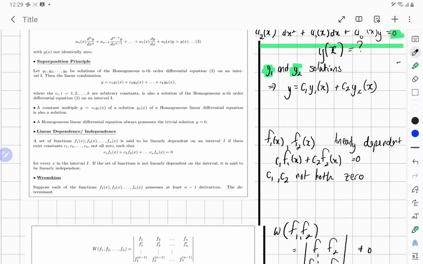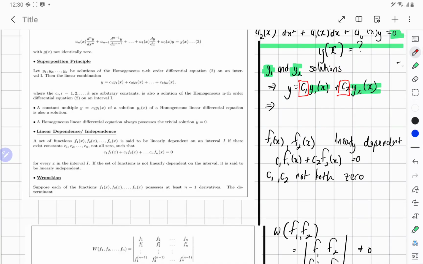Just to recall, for those of you who have not yet done linear combinations, it means that if those two are solutions, y1 and y2, a linear combination means that I multiply them by arbitrary constants c1 and c2, and when I add them, those two solutions added will be the linear combination.